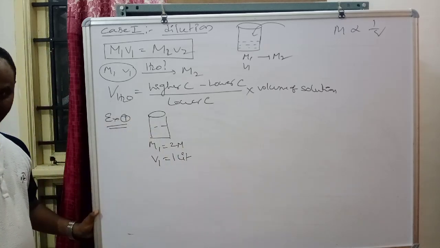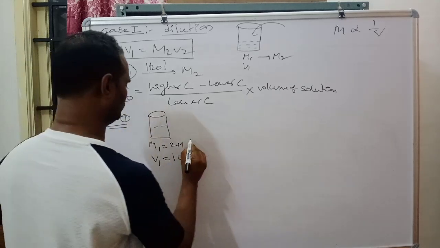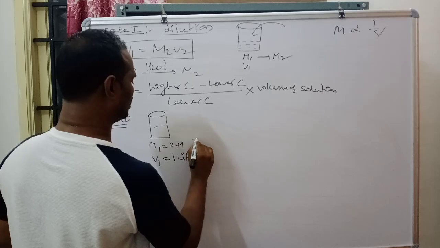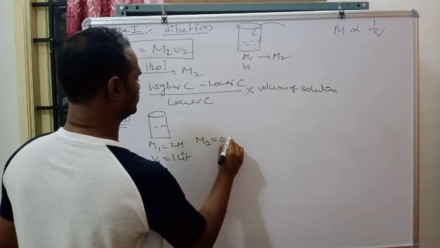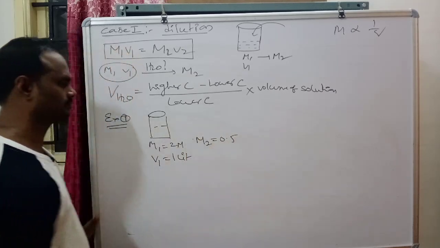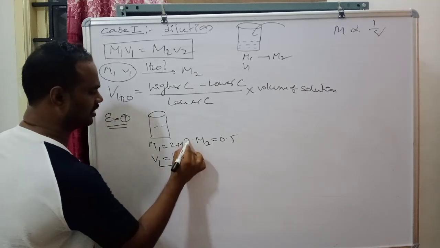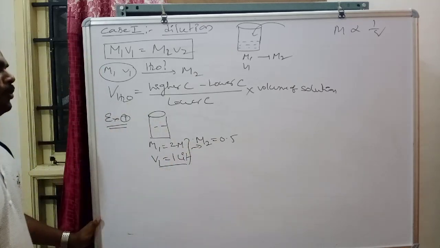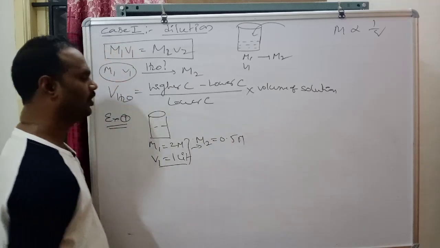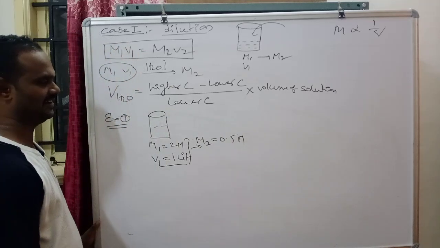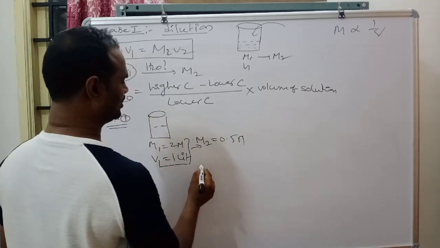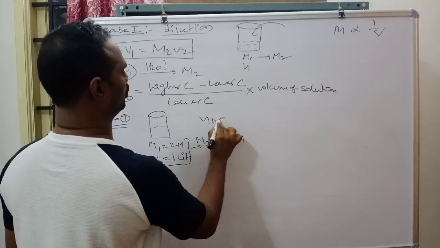Now the final concentration is 0.5 M. This solution I want to convert into 0.5 M. How much water is required? If they ask like this, directly use V H2O.